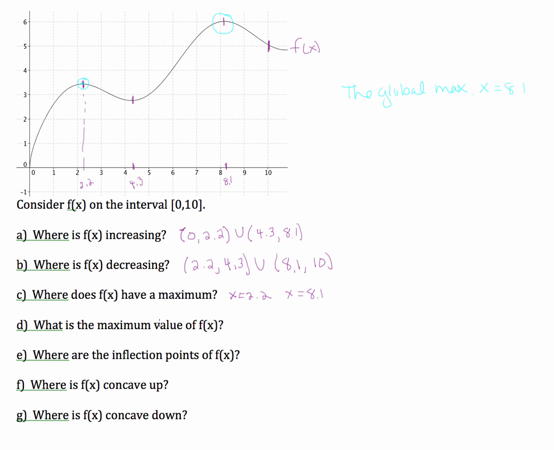Then it said, what is the maximum value? So the one that corresponds to 2.2, the maximum here is at about 3.4 maybe. And the maximum value at 8.1 is at 6, so the y value is 6.